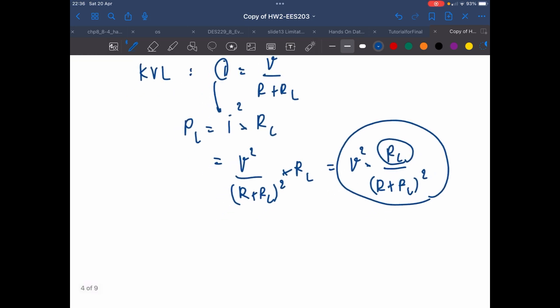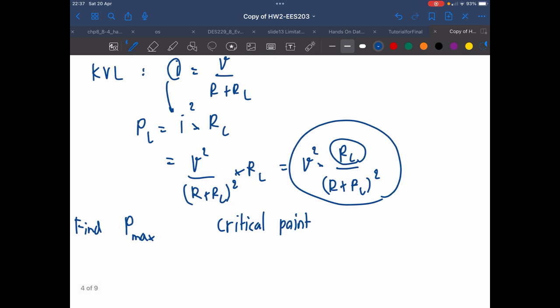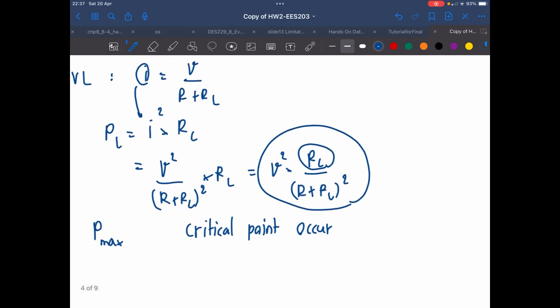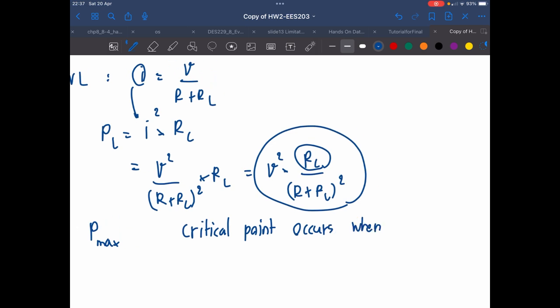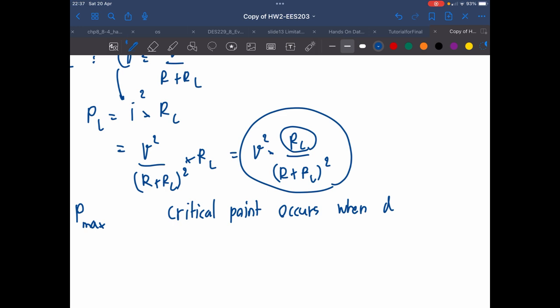In that case, when we want to find the maximum of this value, the Pmax, considering what we studied in calculus, Cal 1 or Cal 2, I'm not sure, the maximum of the function, or we may refer to it as a critical point, occurs when the derivative of P, the power occurring at the load, with respect to RL, equals 0.